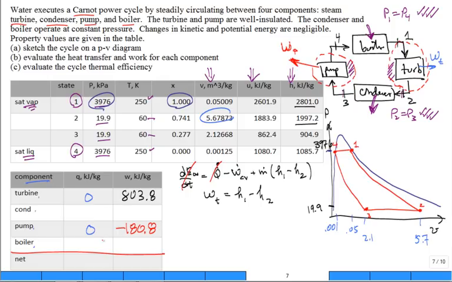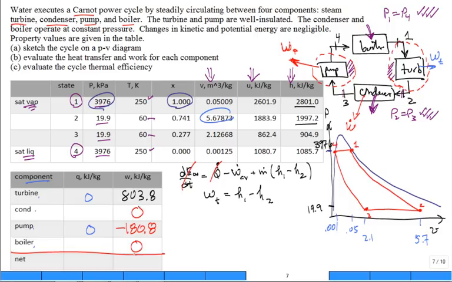What about the condenser? Is there any shaft work being provided out of the condenser? Does the condenser have something like W dot coming out of it? 0. And what about the boiler?